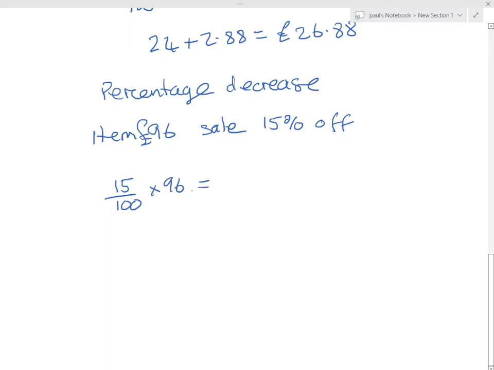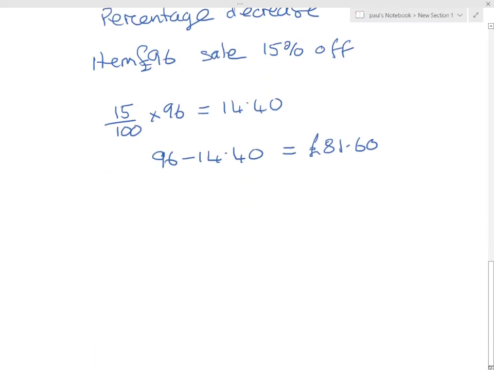So 15 divided by 100 times 96 is equal to 14.40, and then subtract it from the original price, minus 14.40. So 96 minus that is £81.60. So that's a percentage decrease.